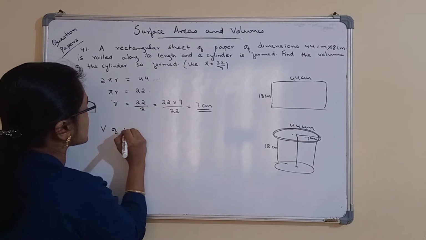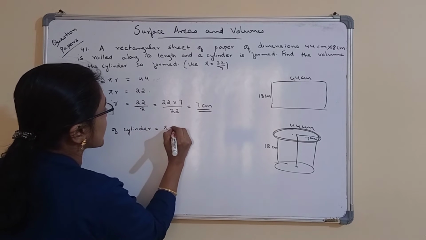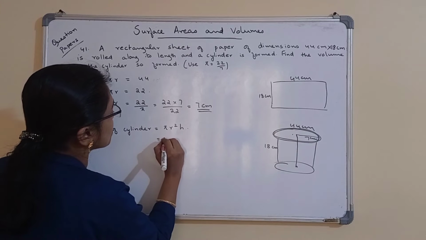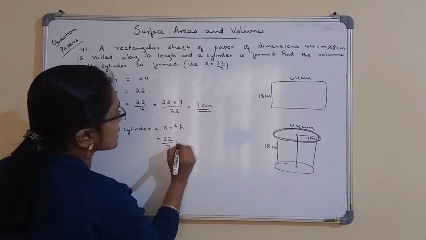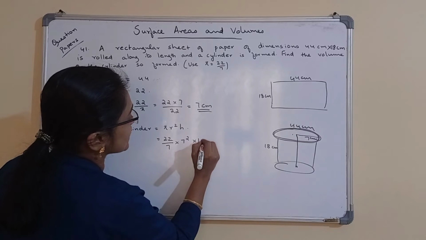Volume of cylinder is equal to pi r square h, which is equal to 22 by 7 into 7 square into h is 18.